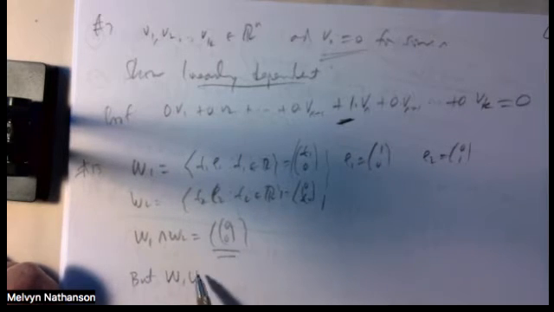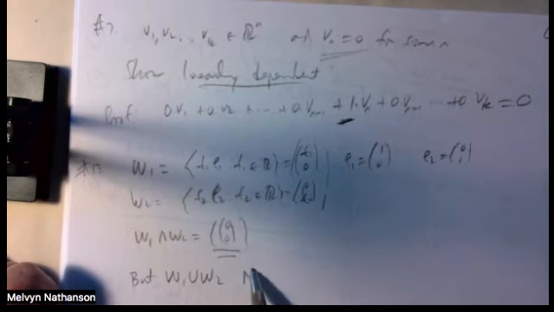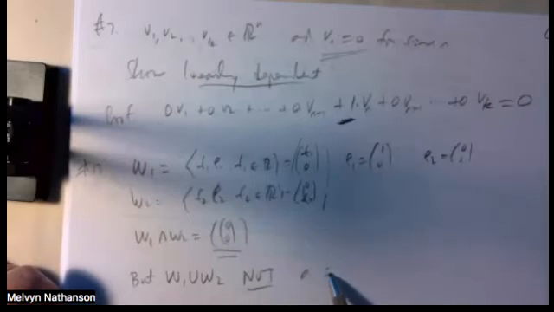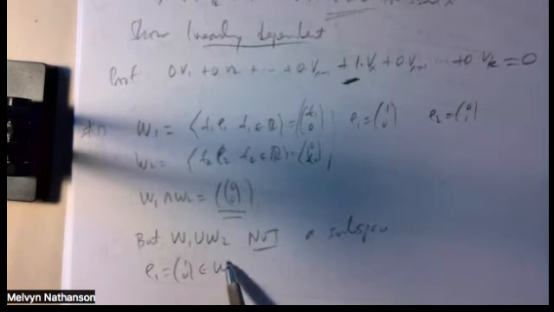But W1 union W2 is not a subspace, because the vector E1 is 1, 0. It's in W1, so it's contained in W1 union W2.